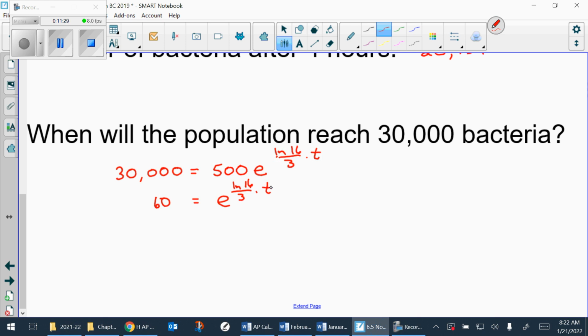I think I'm going to go from exponential to log form by taking the natural log of both sides. And at this point, I think I'm going to multiply both sides by 3, and then divide by the natural log of 16.